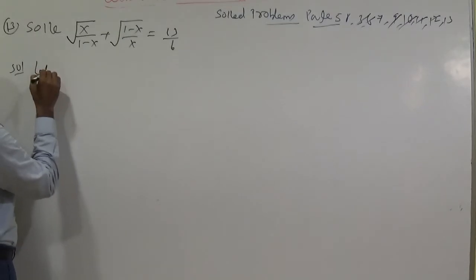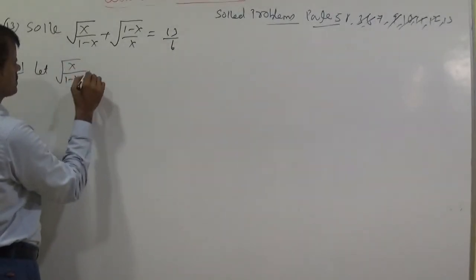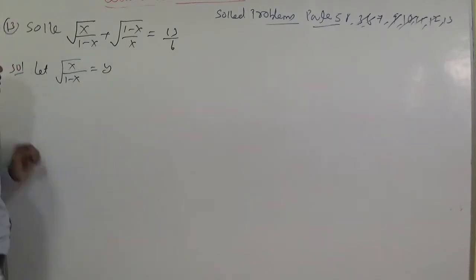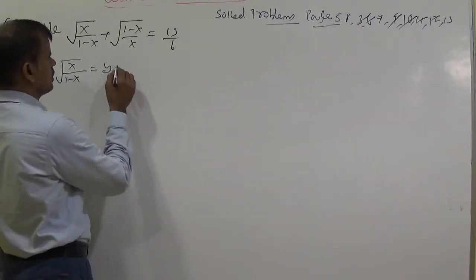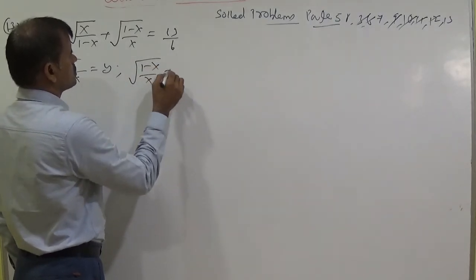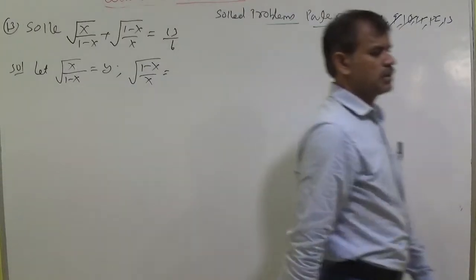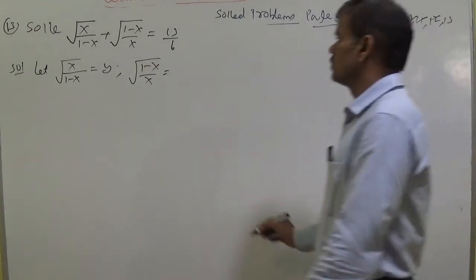You can understand here, let root of x by 1 minus x is equal to y. Whenever you write root of x by 1 minus x is equal to y, root of 1 minus x by x is nothing but the reciprocal of this value, so it becomes 1 by y.